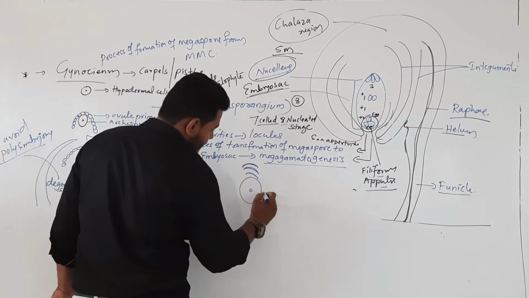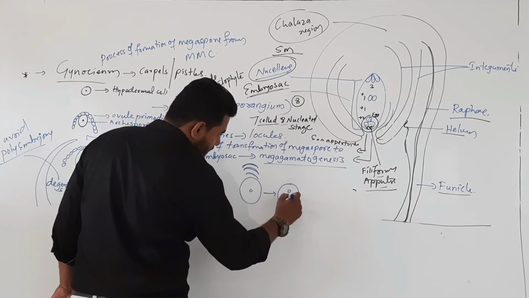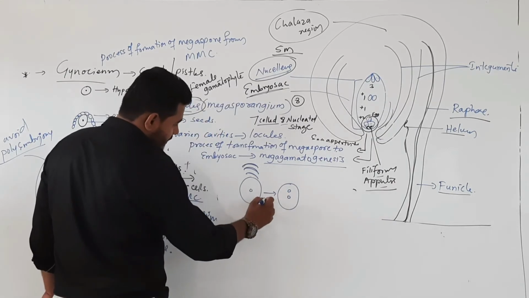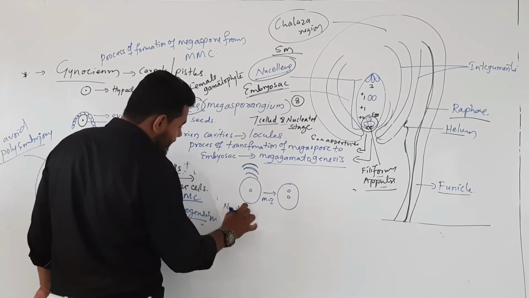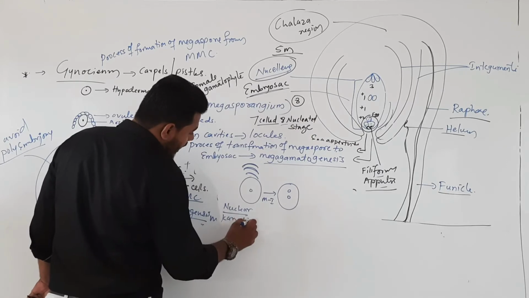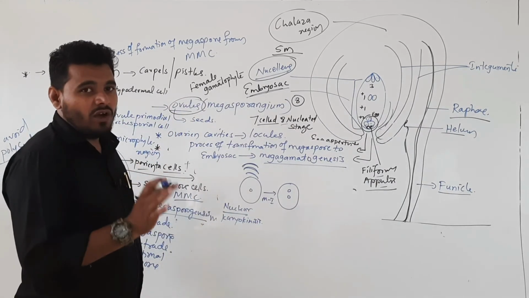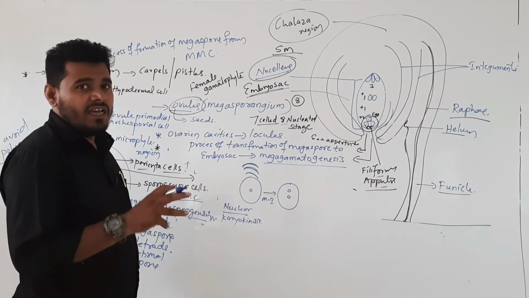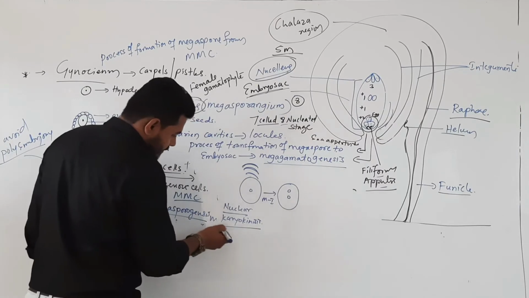In that, a first mitosis takes place in a nuclear region. You can say that it is a first karyokinesis. Remember, here there is no cytokinesis until the 3 mitosis or 3 karyokinesis take place.